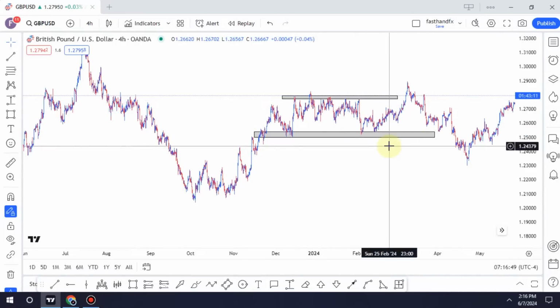I'm going to show you how to easily trade a supply and demand type of strategy in forex. I have two things that I should be looking out for. Number one, how price is approaching the supply level or the demand level. You need to understand those kinds of things.